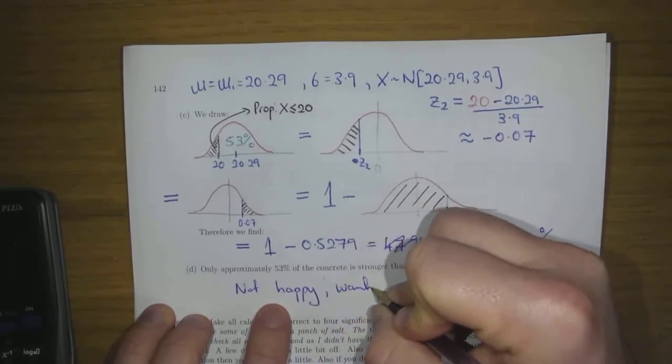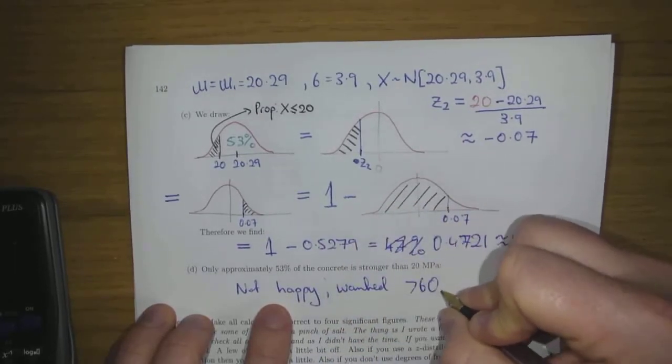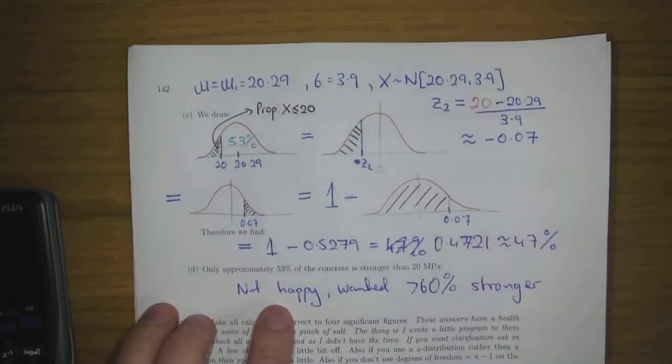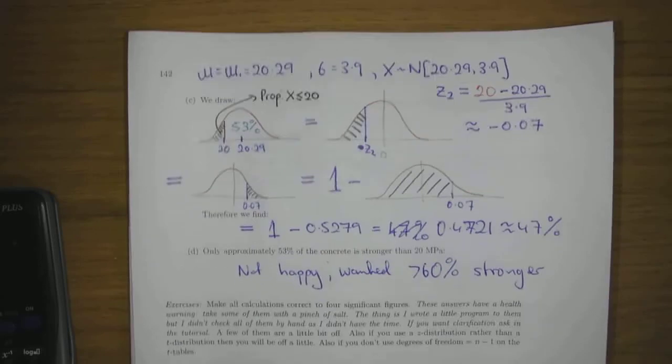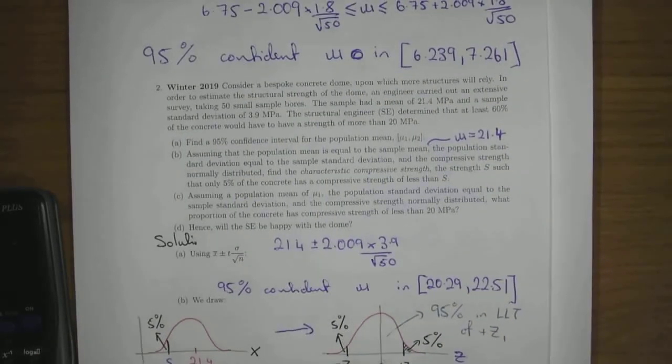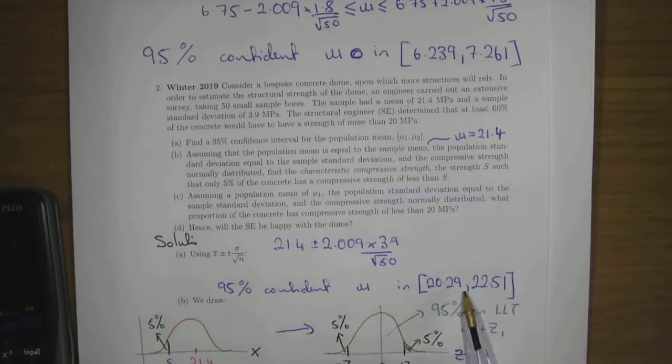She wanted more than 60% stronger. And you can see she's been quite conservative, really, because she probably could have used 21.4, in which case it would have turned out fine. But the concrete is still the same, and maybe you're better off being careful and using 20.29.